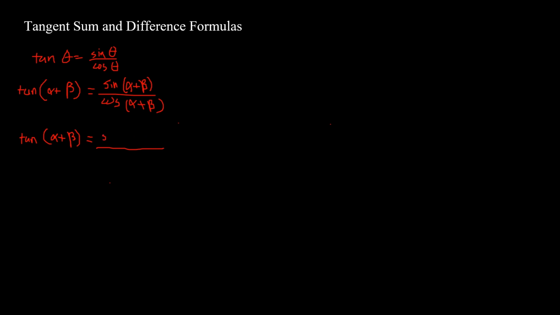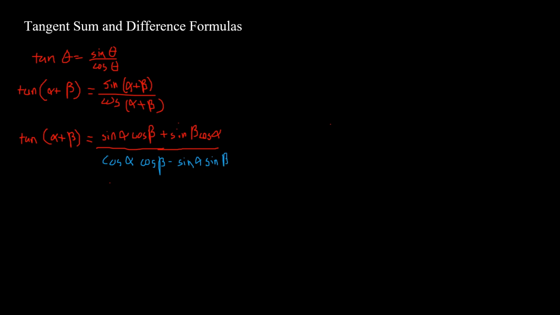So this is going to be equal to sine alpha cosine beta plus sine beta cosine alpha. And it's going to be all over, I'm going to write the denominator in a different color, cosine alpha cosine beta minus sine alpha sine beta.